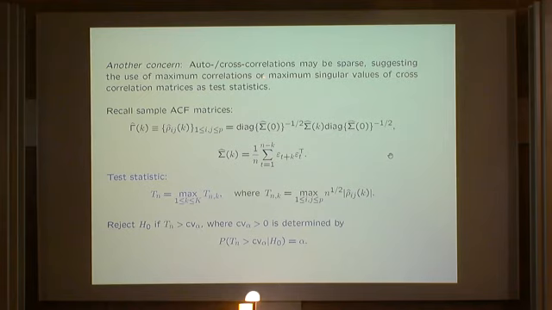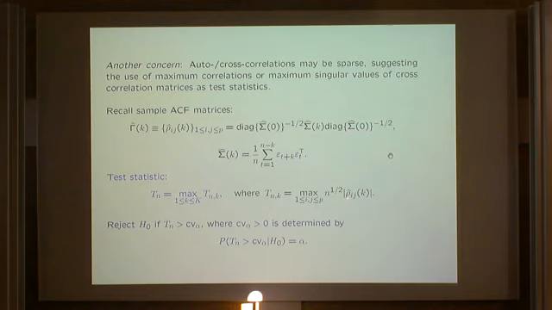So what we propose here is just to use the maximum cross or autocorrelations. Just remind ourselves, this is a correlation matrix. What we do is we define T_{n,k}, which is the maximum correlation at lag k across all components, times square root of n.